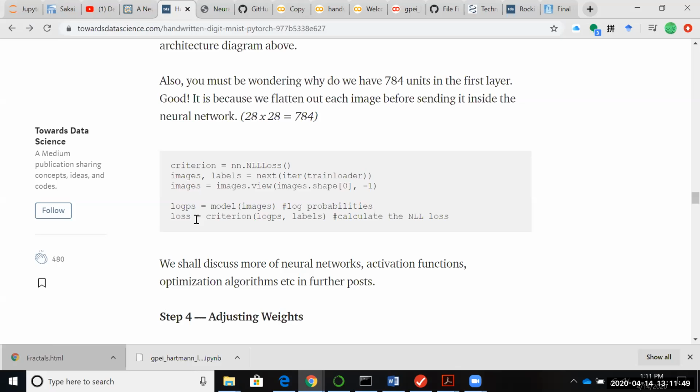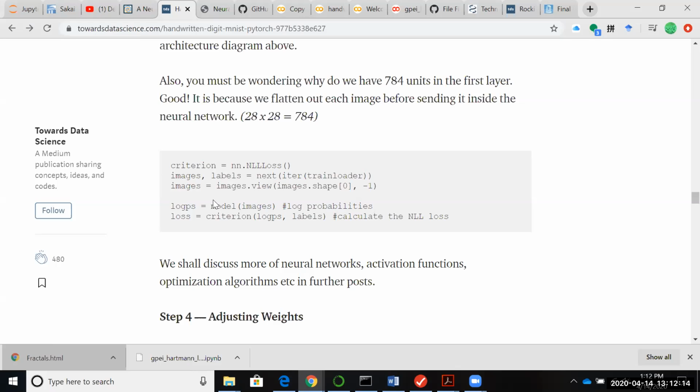Now the loss criterion is already defined as the negative log likelihood loss. It compares the output with the label, which is the true result, and that gives you the loss.